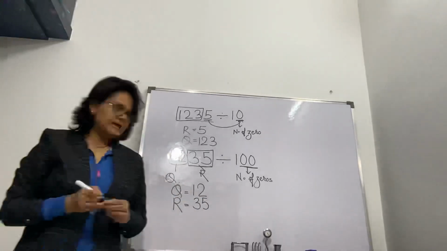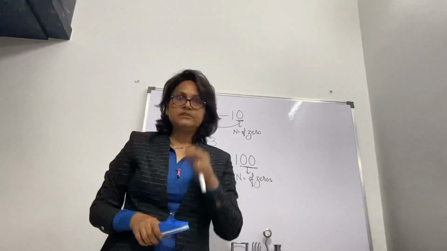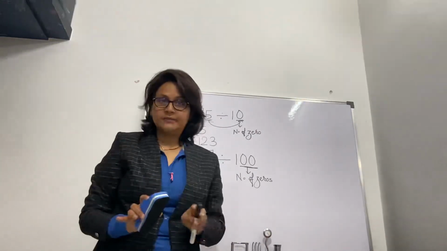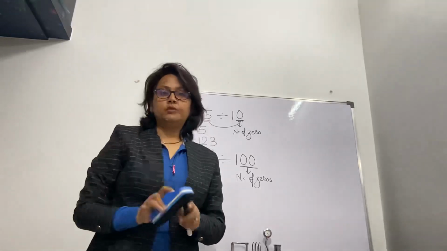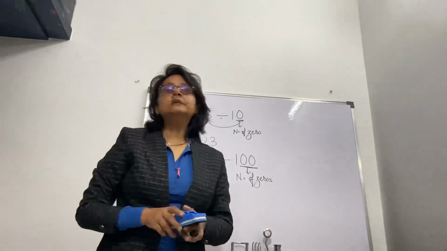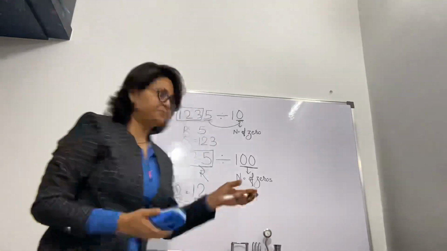Now, sometimes the students get confused. Though we already teach the students that the zeros before any number do not matter, that doesn't add any value to that particular number, still sometimes students being younger, they get confused. So let me take some number which has zeros in it.